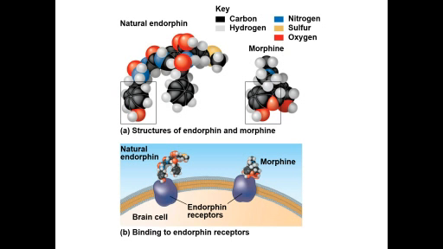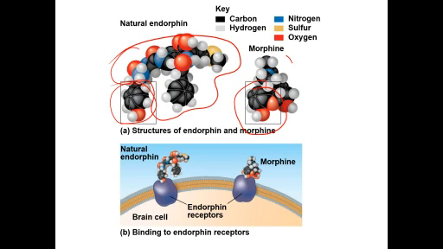Here you have endorphins and morphine. Notice here you have this chemical group of carbon, oxygen, and hydrogen, and here you have the same thing, carbon, oxygen, and hydrogen. They look very similar to one another. Obviously, endorphins are very different from morphine, but the key part here is this group and this group.